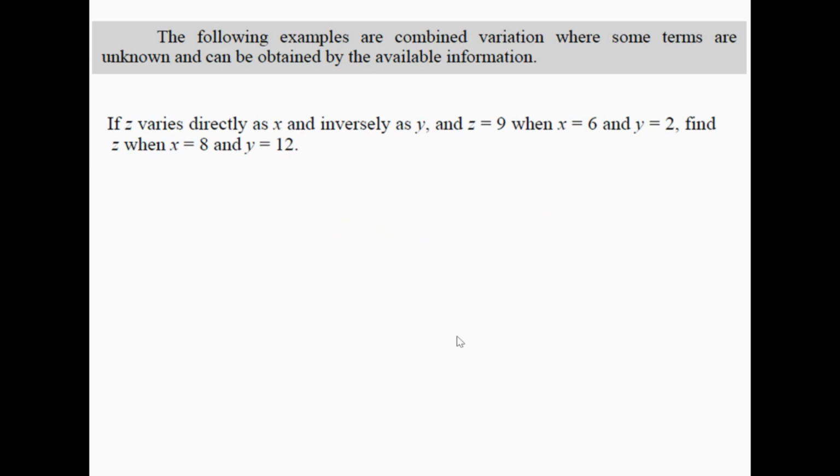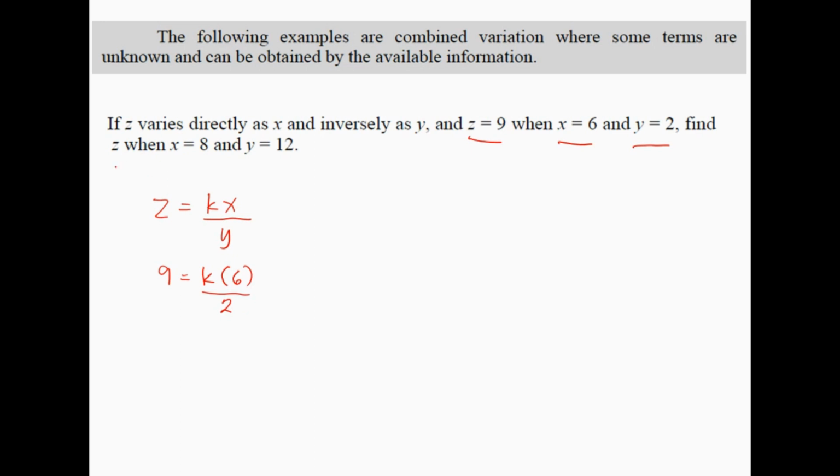So, z varies directly as x and inversely as y. Let us write the equation first. Z varies directly as x and inversely as y. Okay? So, this is now our equation. Substitute all the given. Z is 9, K is unknown, X is 6, then y is 2.